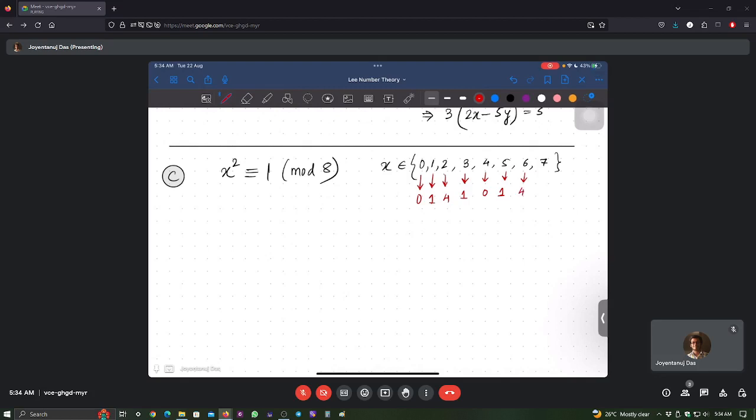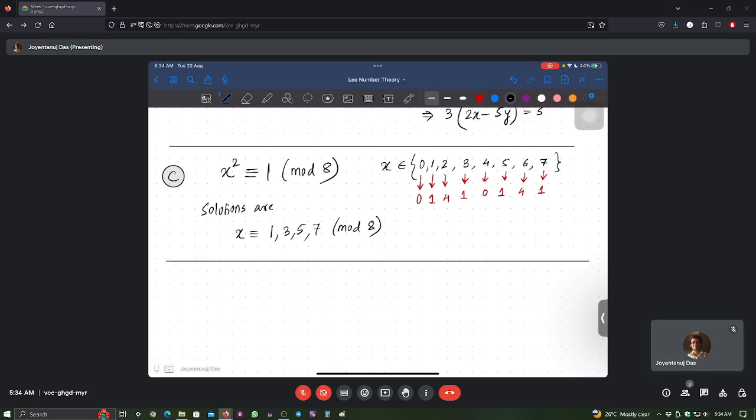Yeah, 4. 7, that is 1. Right. So the solutions are x is congruent to 1, 3, 5, or 7 modulo 8. You don't count 4 because it doesn't work. Other things are not working, right?